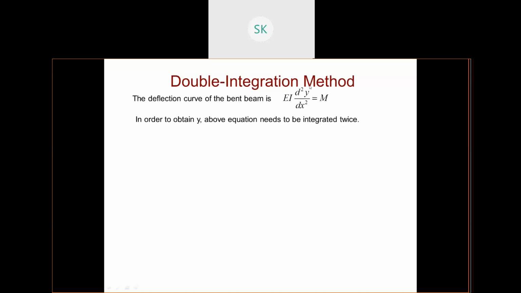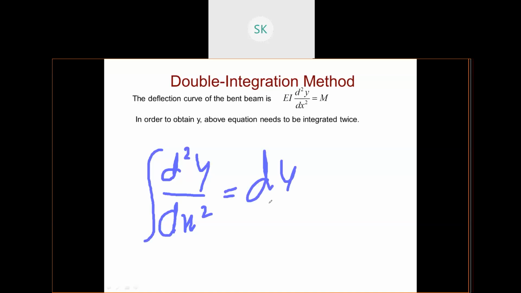Why? d square y by d x square, when you integrate once, becomes dy by dx, and when you integrate again, becomes y. y is our deflection.